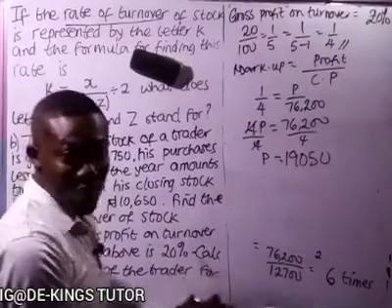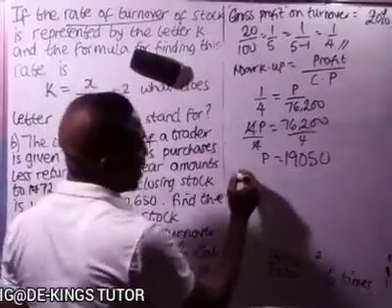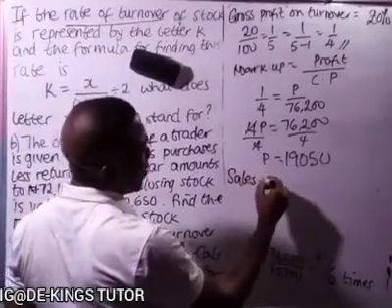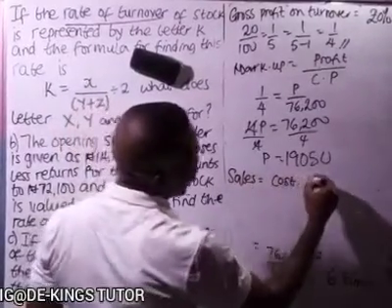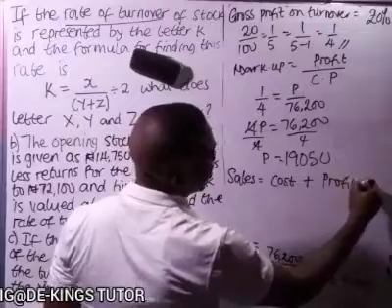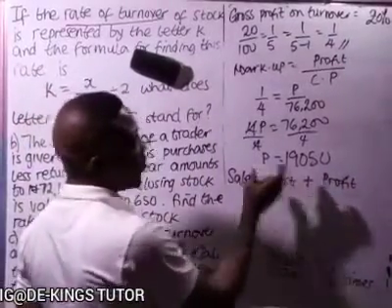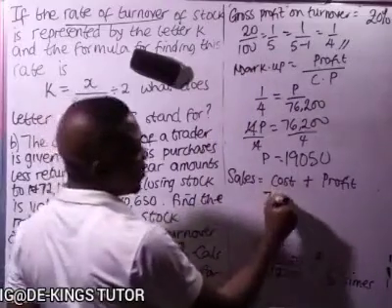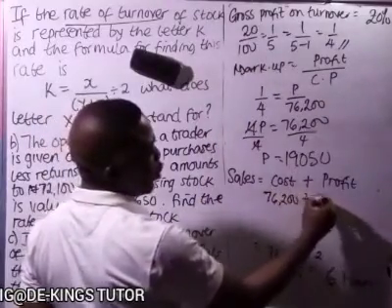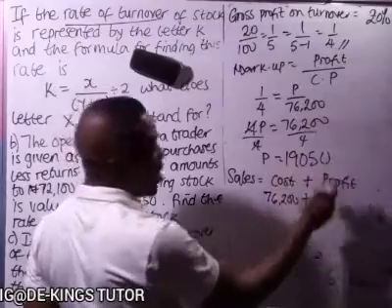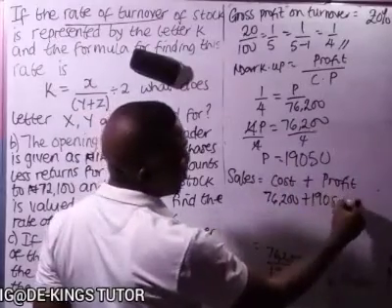Now the question they ask us is, what is the turnover of the trader? The turnover means sales. Now we know that sales is cost plus profit. Our cost, we have already looked for it before, which is 76,200, plus the profit we got here, 19,050.